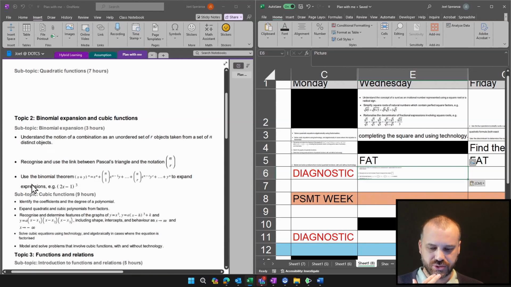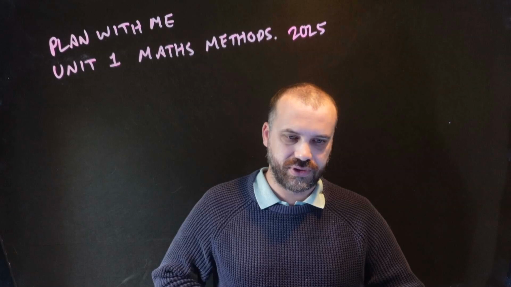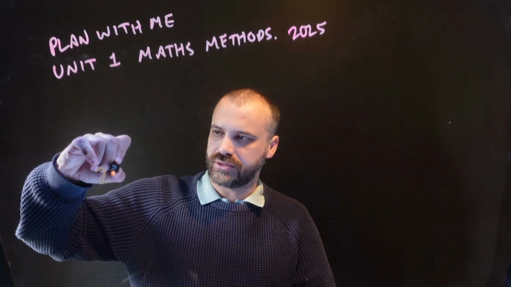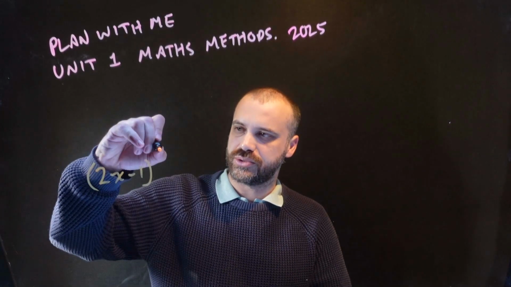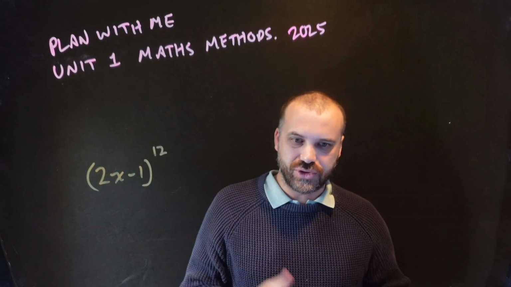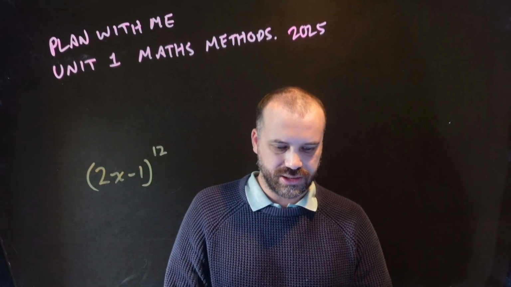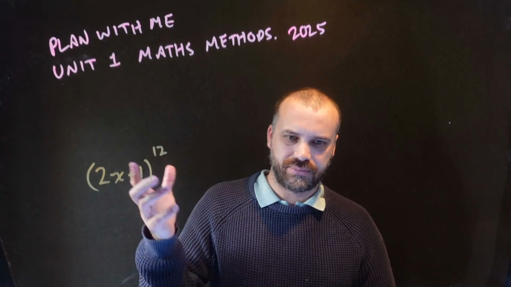And then I think this sort of culminates in this bit here. An interesting question to test that they can do this is giving them a really wild big bracket, 2x minus y to the 12 or something, and asking them, what's the 7th term or something. Maybe the number's going to be too big.